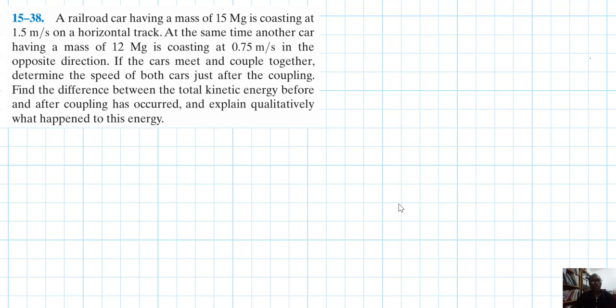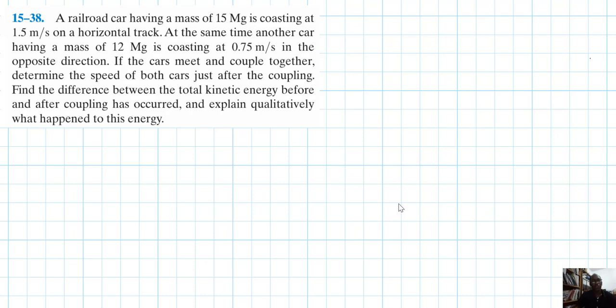We are going to be solving this problem that reads: a railroad car having a mass of 15 megagrams is coasting, or moving, at a speed of 1.5 meters per second on a horizontal track. At the same time, another car having a mass of 12 megagrams is moving at 0.75 meters per second in the opposite direction.